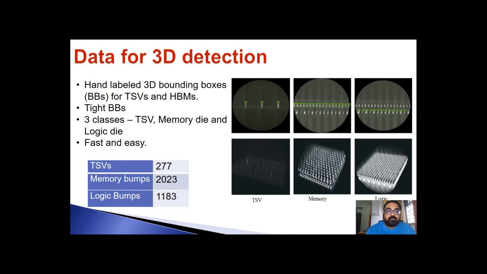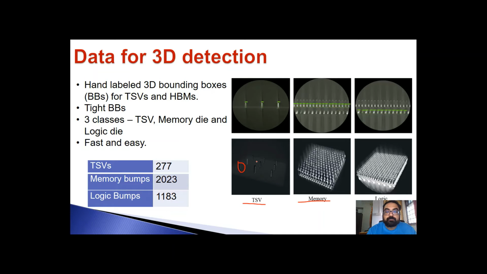So as I mentioned, over here we are showing our labeling for 3D object detection for TSVs, for memory, and for logic bumps. You can see that, given the 3D sample in our software tool, we draw 3D bounding boxes around these structures.